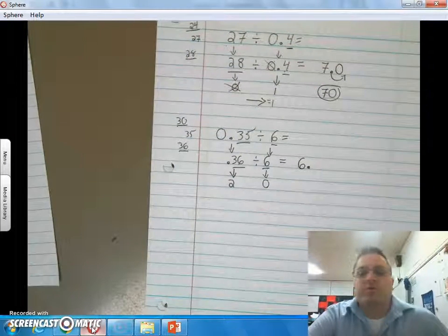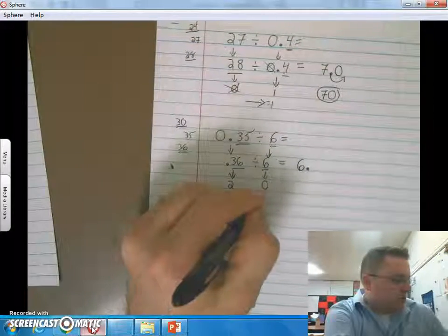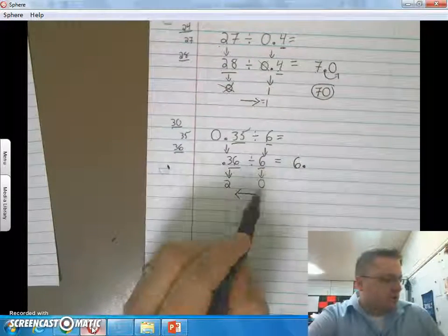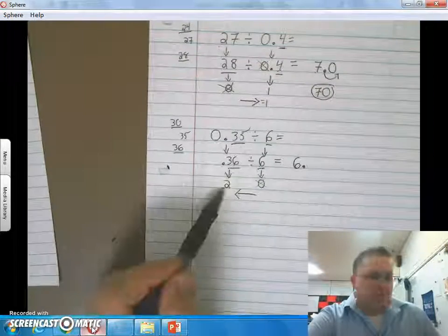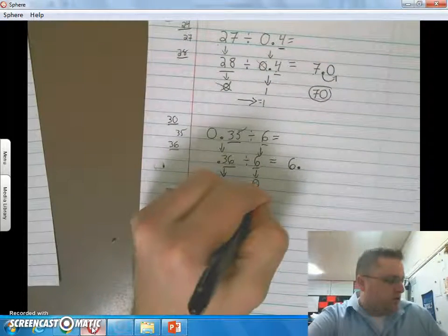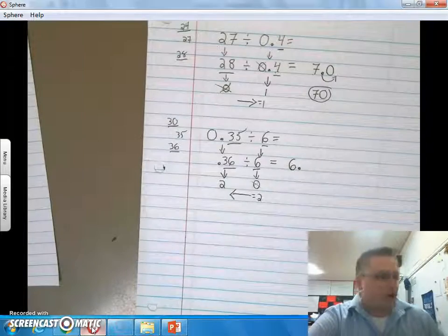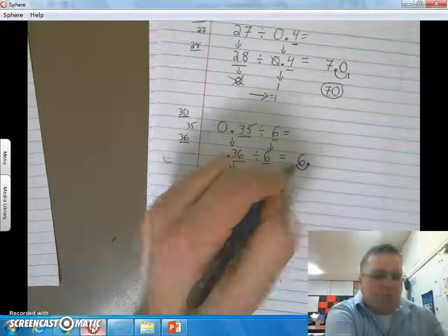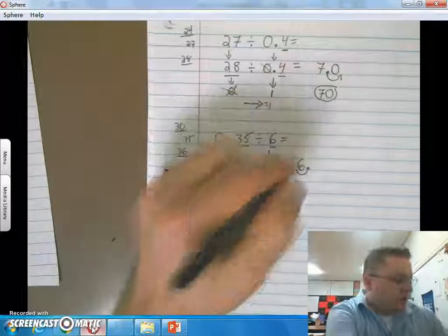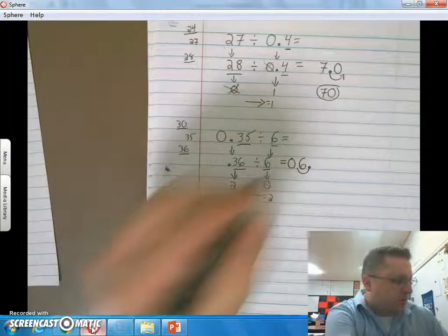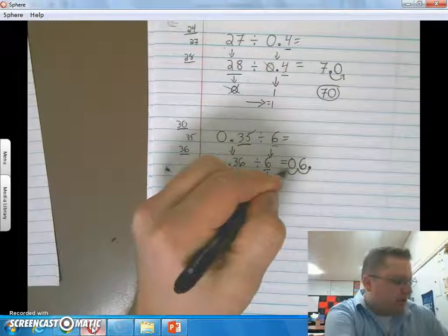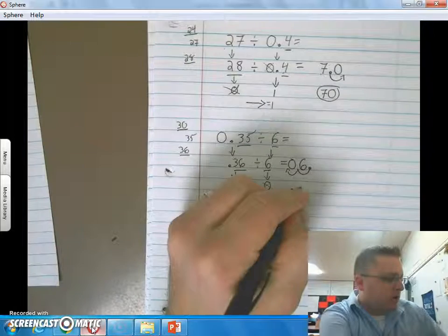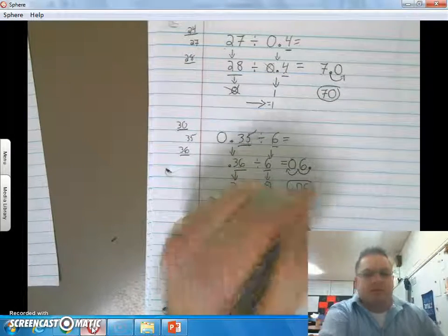So compare 2 to 0. We will go left. And because there wasn't anything here, we go left 2 jumps. Come back up to my quotient then. Here's jump number 1. And then once again I have to annex a 0 and jump number 2. And I would get an answer of 0.06.